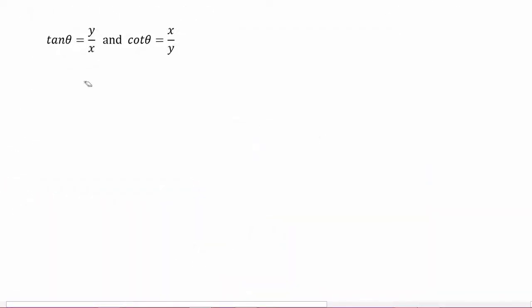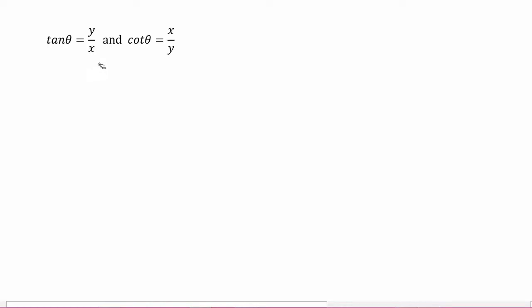Now, tangent and cotangent have x and y in the numerators and denominators. We know that the y value could be positive or negative or 0. We know the x value here could be positive or negative. It can't be 0 when it's in the denominator.